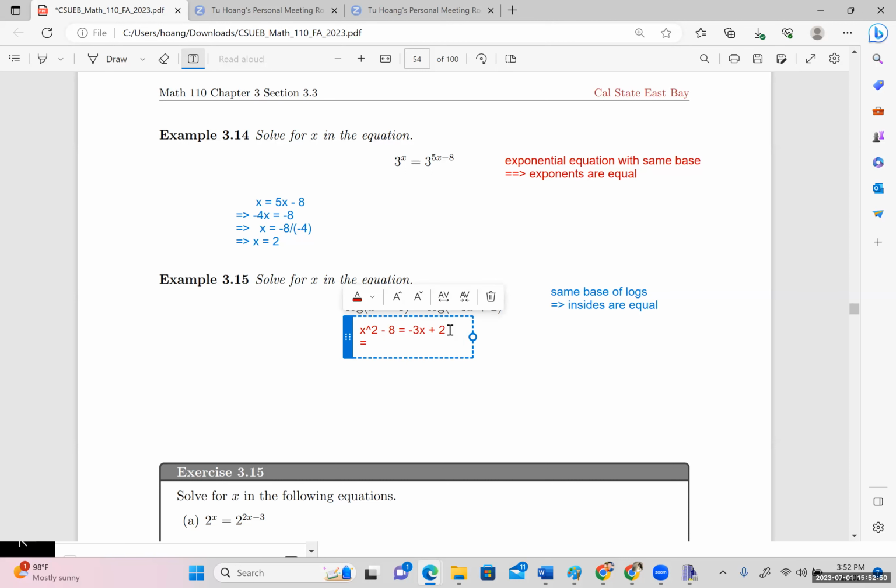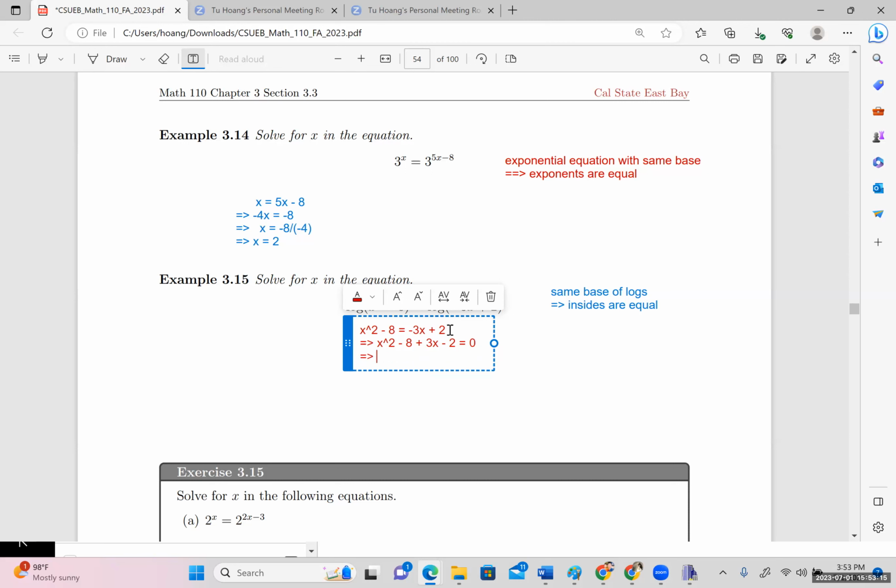And then I will add both sides by 3x and minus 2 both sides, because I want to move all the terms on the right to the left.